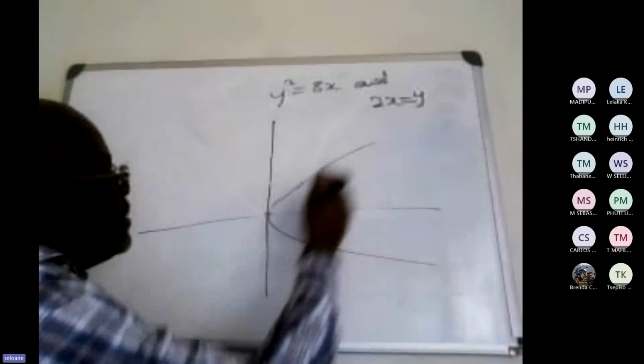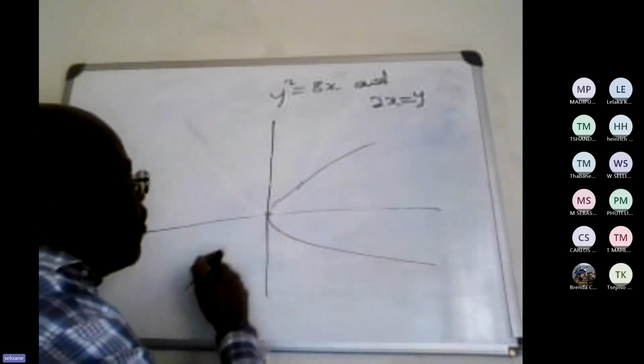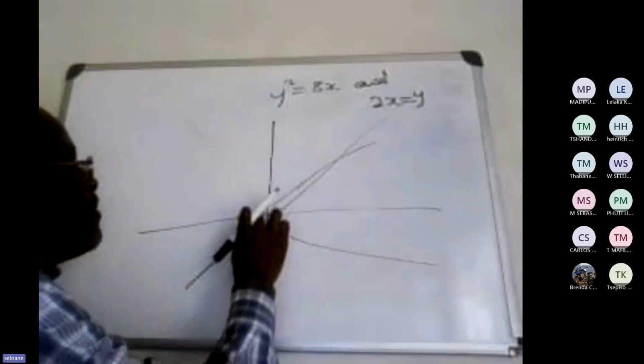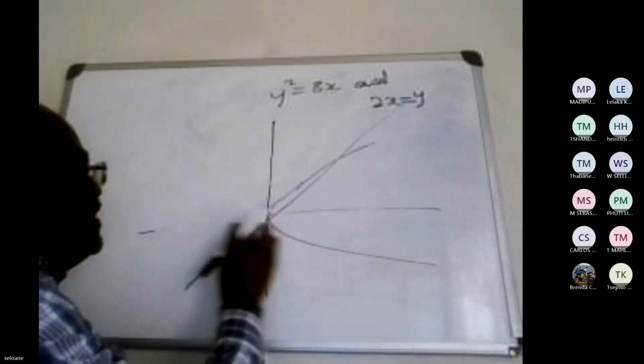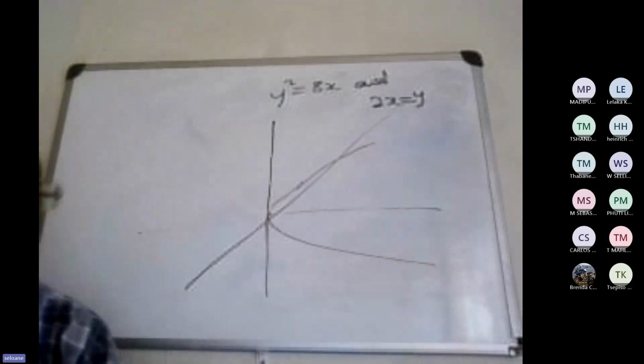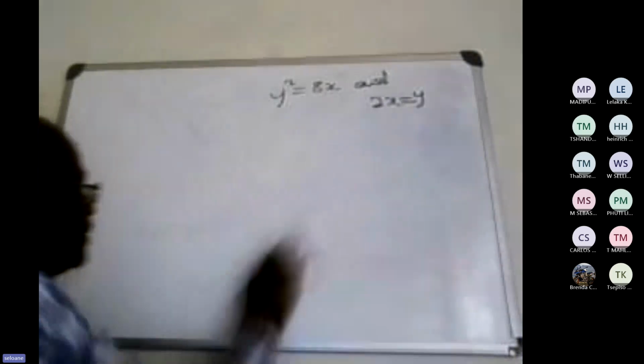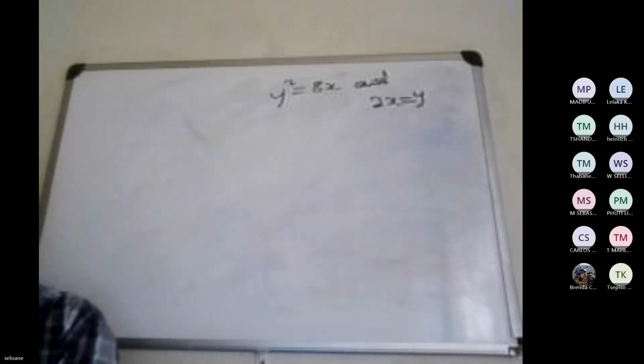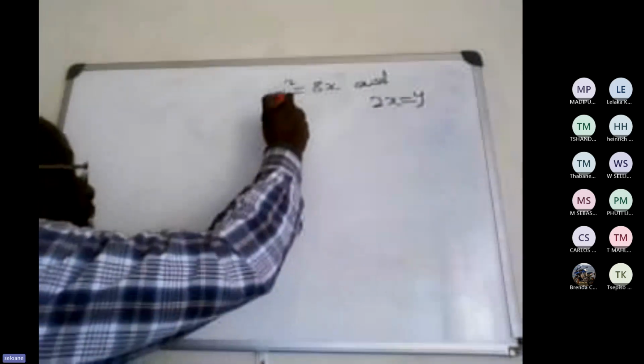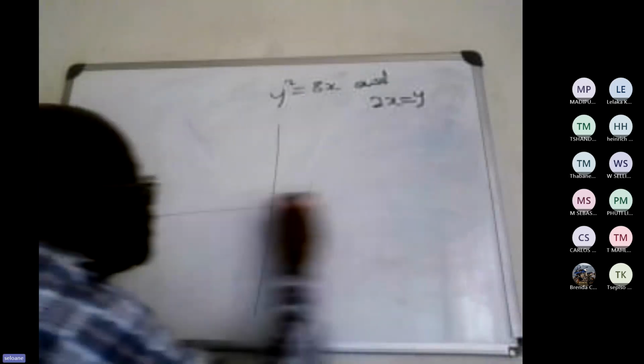Then it will simply be this line, y equal to 2x. Something like this. Let me just draw a nice one. This is our Cartesian plane. Good.